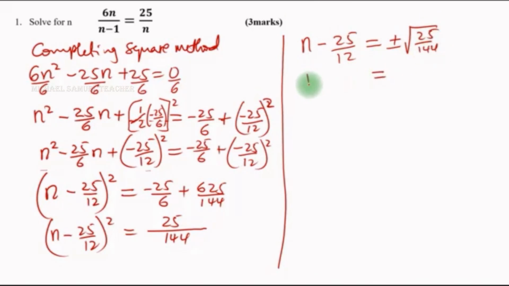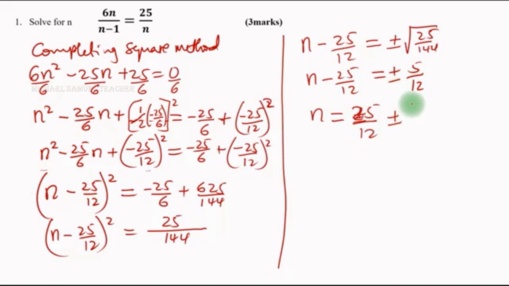And in our case here, we shall have plus or minus the square root of 25, that is 5, over the square root of 144, that is 12. So n is equal to, taking 25 over 12 to the right hand side, 25 over 12 plus or minus 5 over 12.